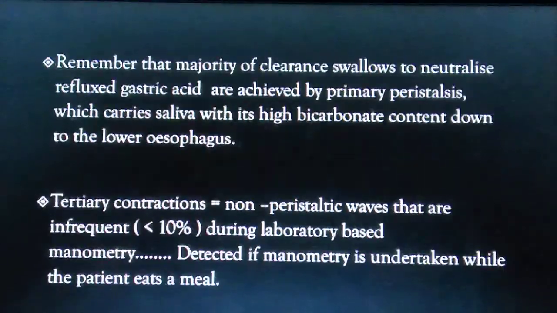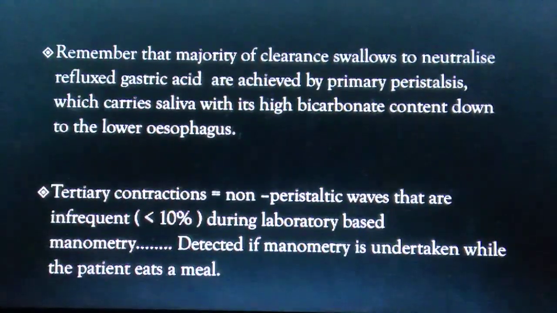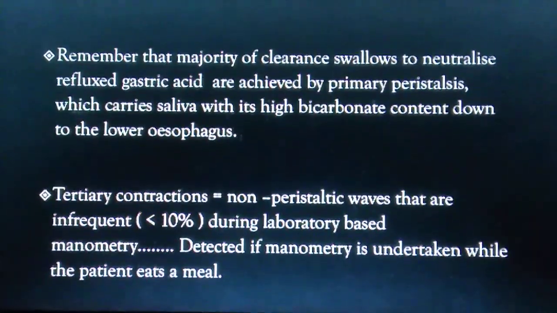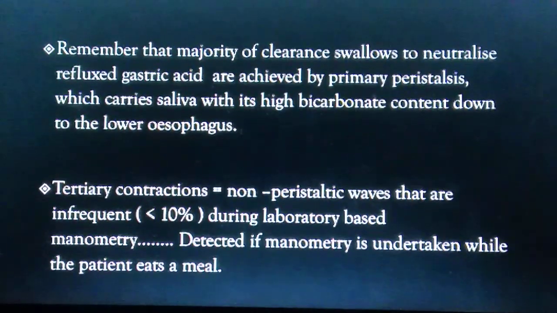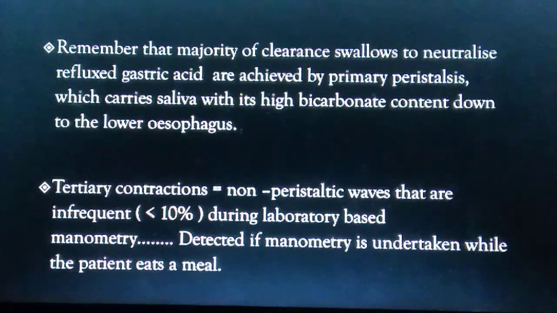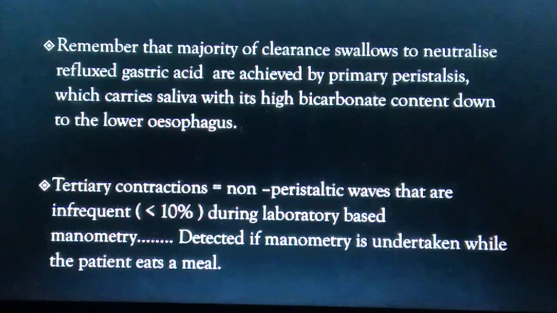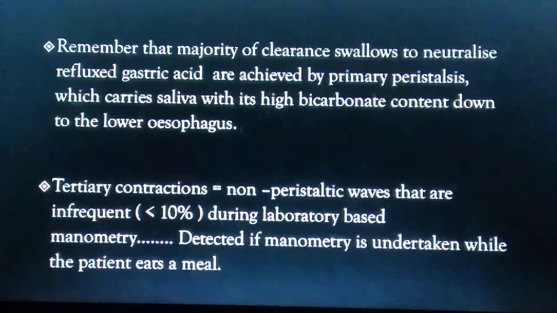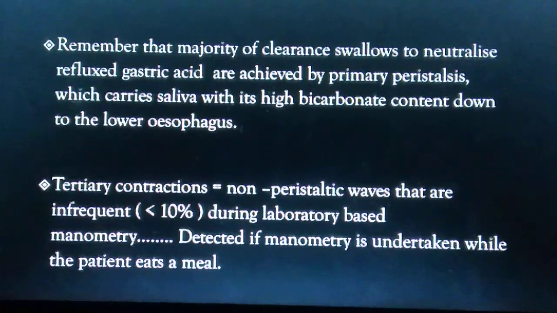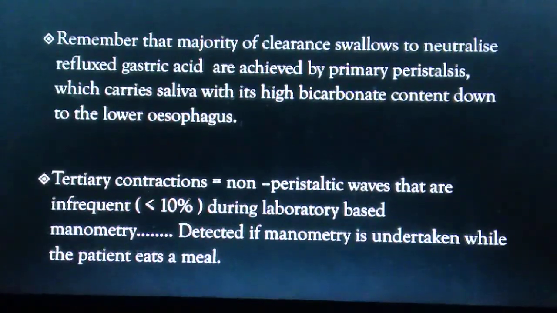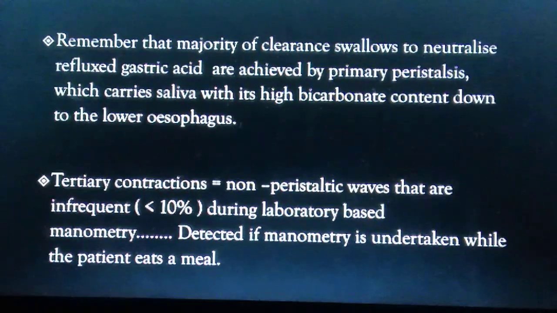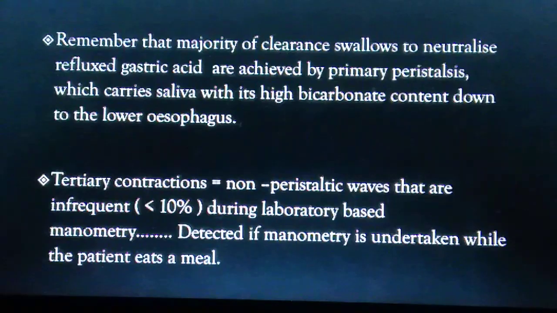But the important thing is, the majority of clearance swallows to neutralize refluxed gastric acid are achieved by primary peristalsis, not the secondary peristalsis. Why primary peristalsis? Because it carries saliva with its high bicarbonate content down to the lower esophagus, hence neutralizing the gastric acid.